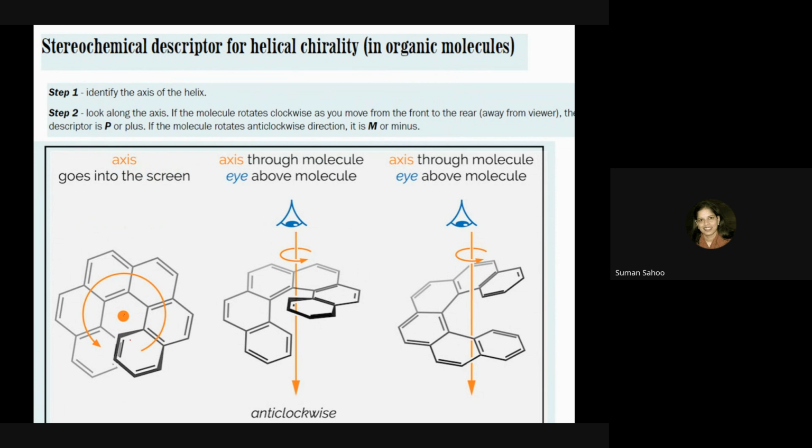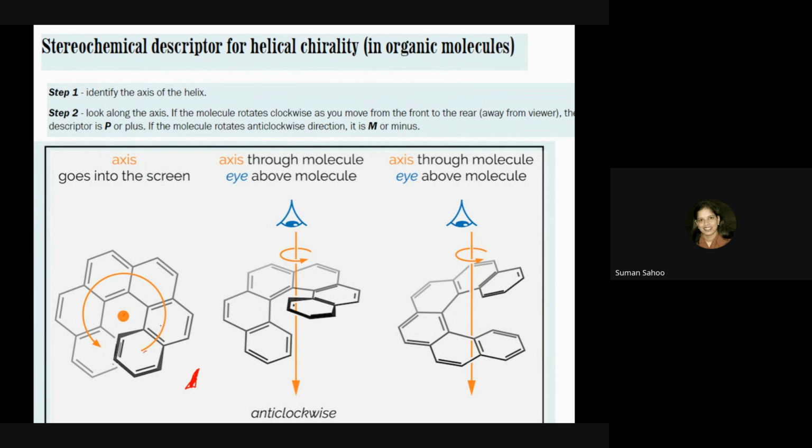Then you see which ring is in front. All the time, the ring which is in front, or in the case of a chiral carbon, we give a solid wedge to that group which is in front, towards the viewer. So you start from there and see how the rings are going in the helicin.